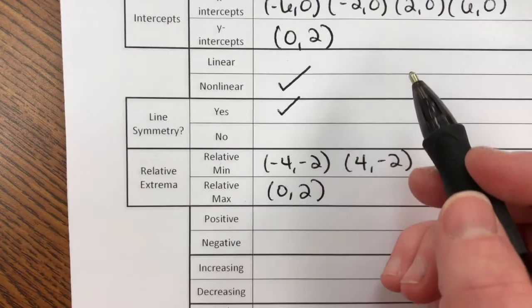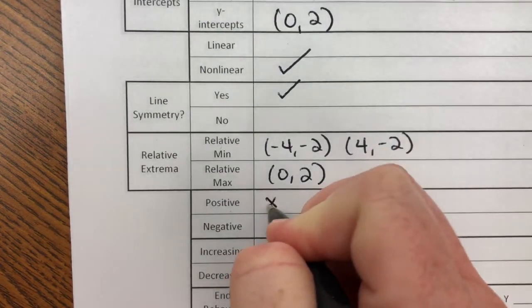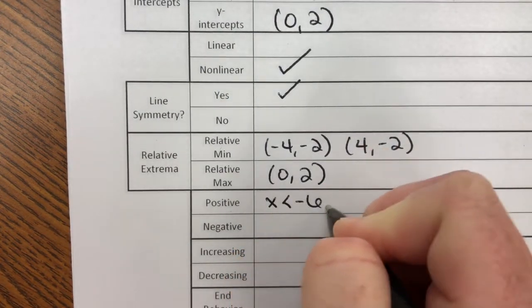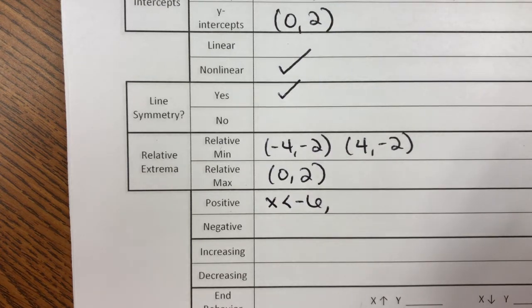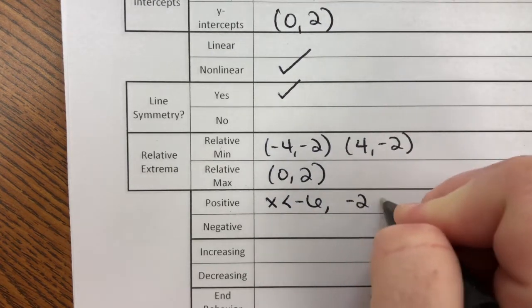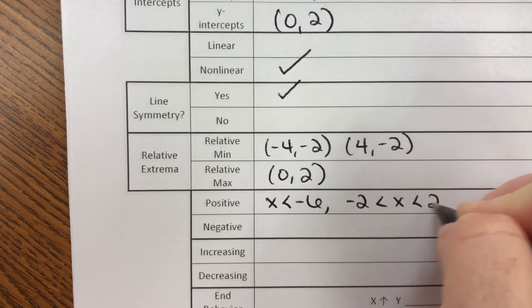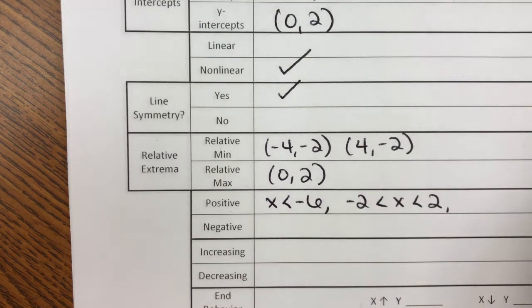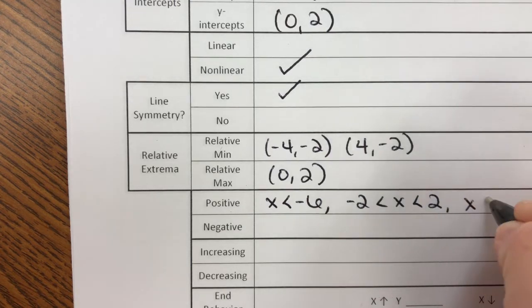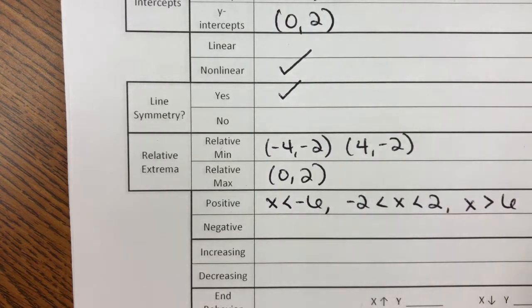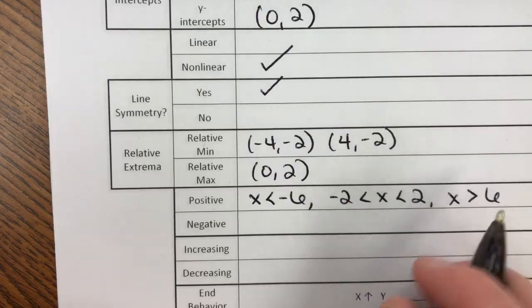So it's positive when x is smaller than -6, when x is bigger than -2 but smaller than 2, and when x is anything bigger than 6. So that's all the parts of my graph that are positive.